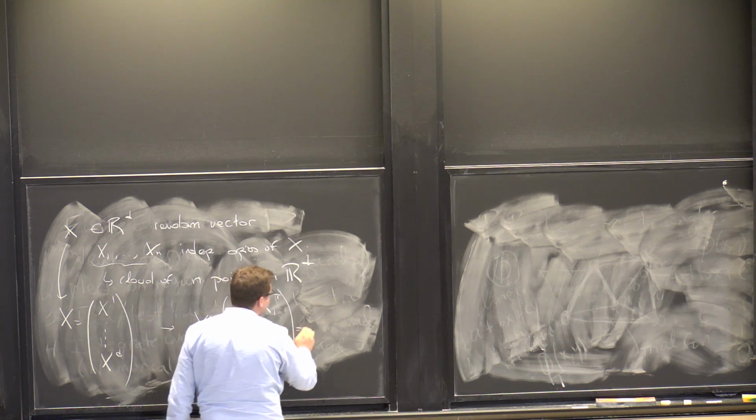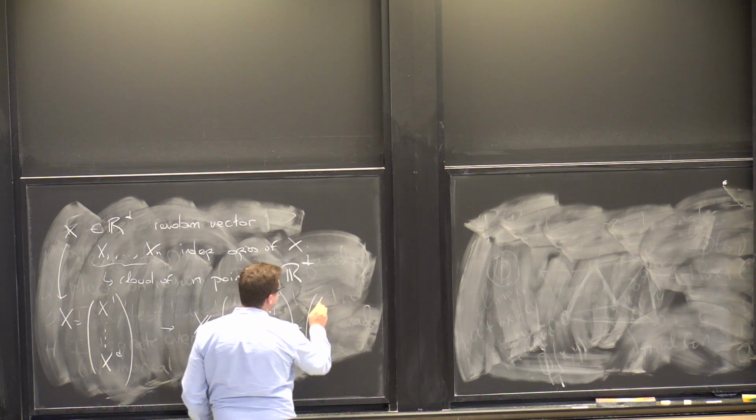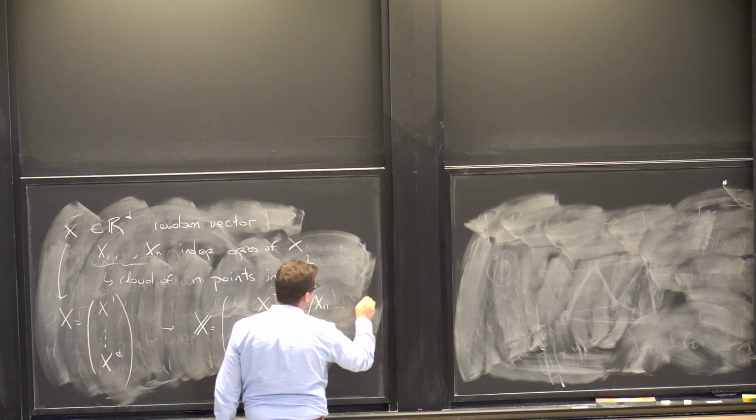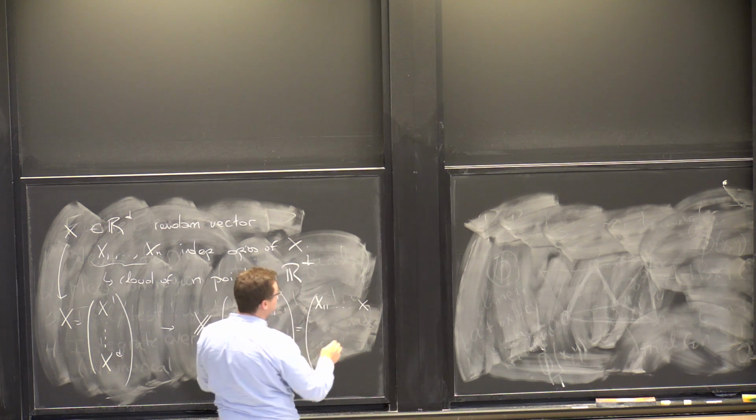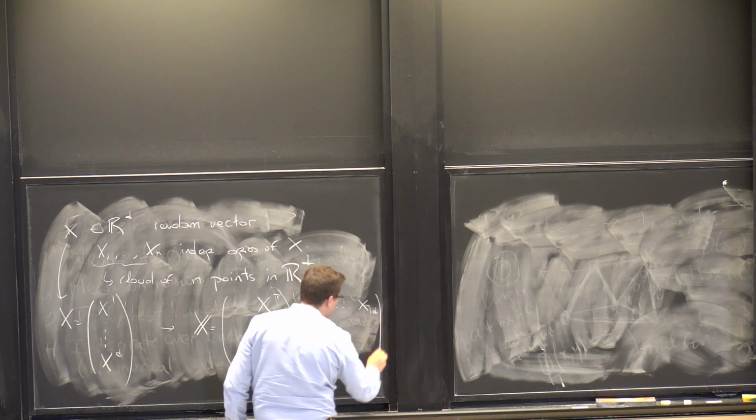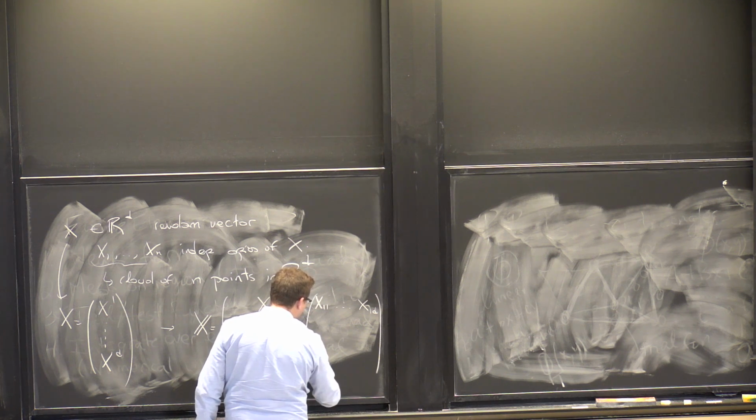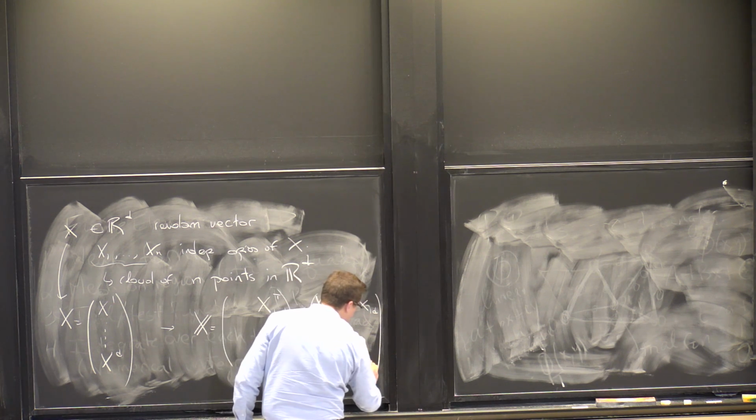So the coordinates of this guy, of course, are X_1^1 up to X_1^d, since it's of size d, and down to X_n^1 through X_n^d.